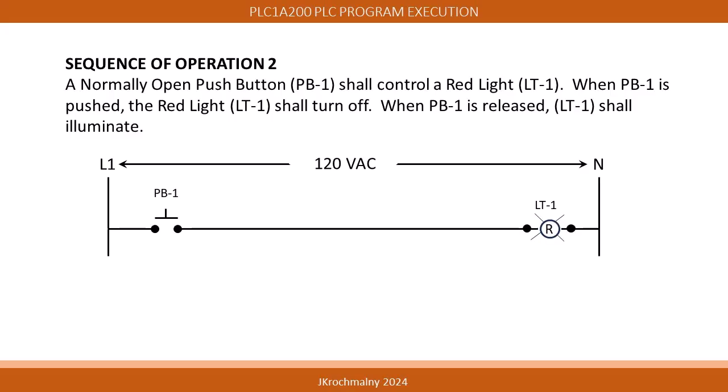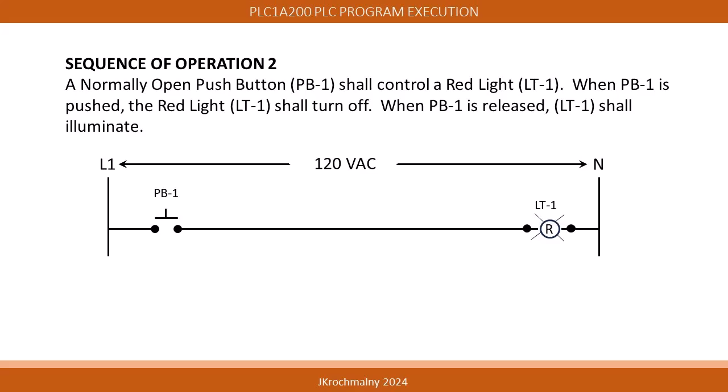Designing an electrical circuit to achieve intended operation of the sequence, we might consider the following ladder diagram. In this diagram, we see an applied circuit voltage of 120 volts. The red light LT1 is located to the right of its rung, and the push button PB1 is located to the left.